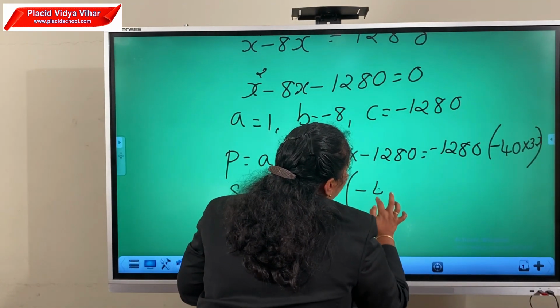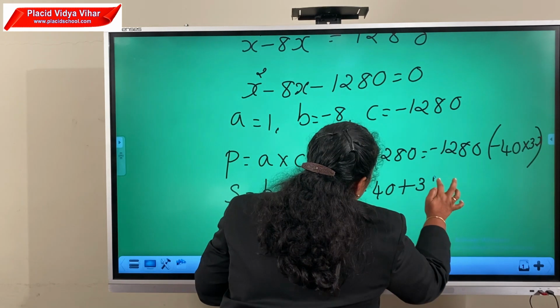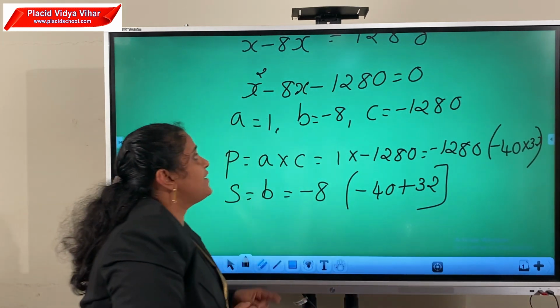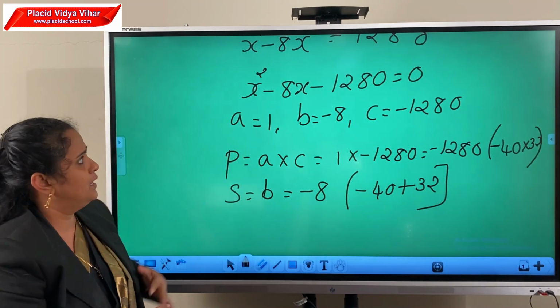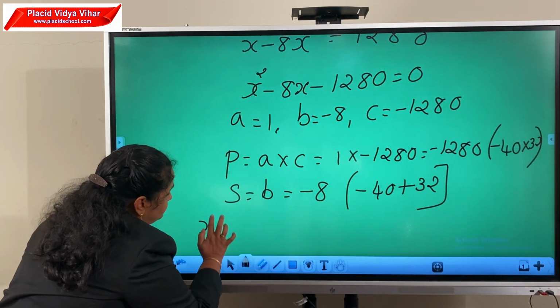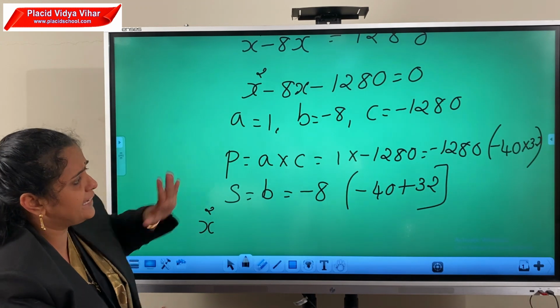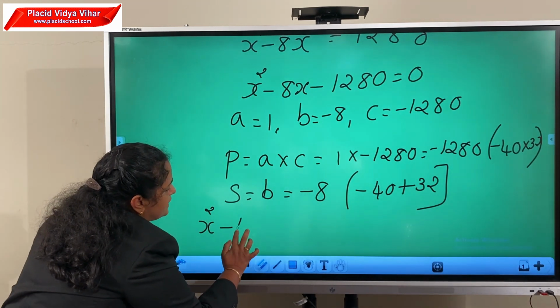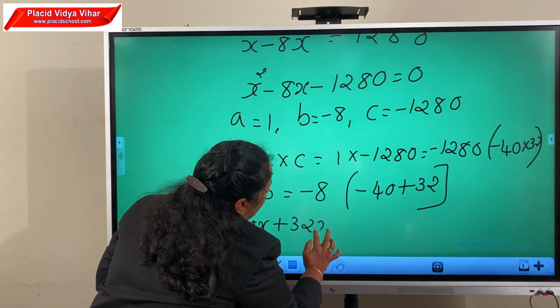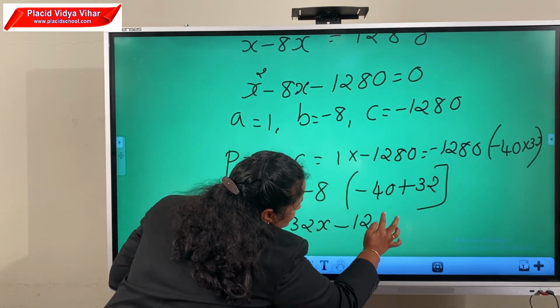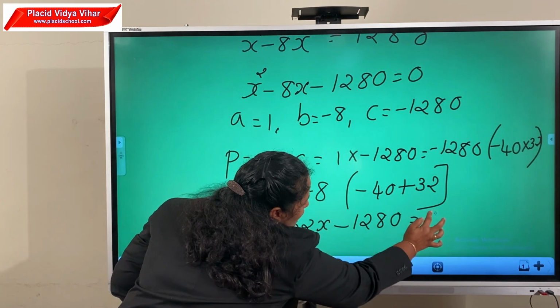That is minus 40 plus 32, that is minus 8. Then we split only the middle term. The first term and last term remain the same. That is x square. The middle term minus 8x can be written as minus 40x plus 32x. The last term is also the same, minus 1280 is equal to 0.